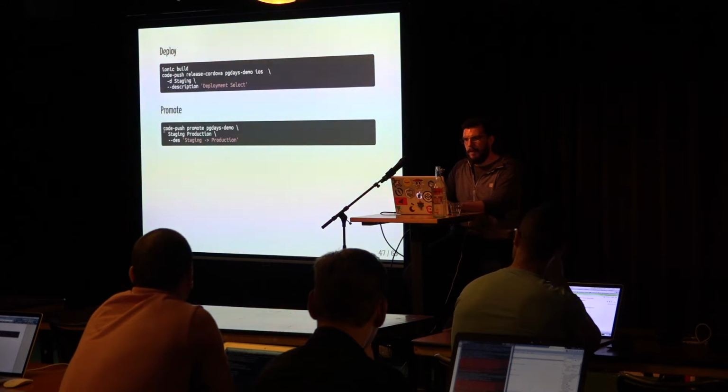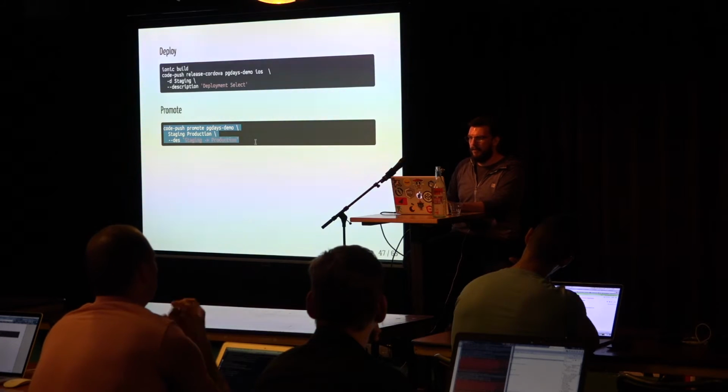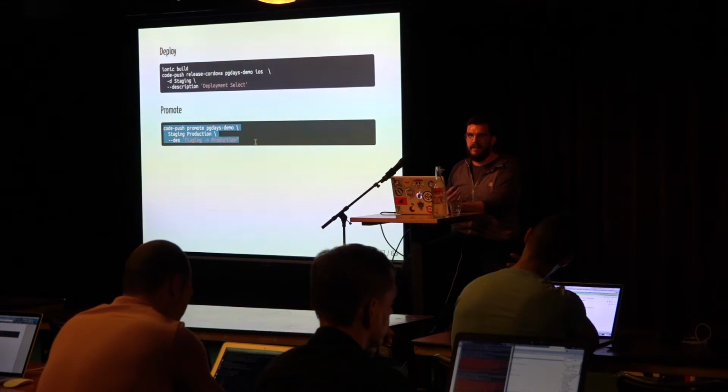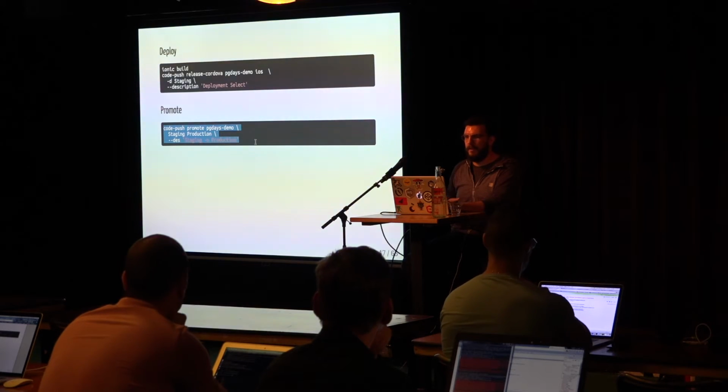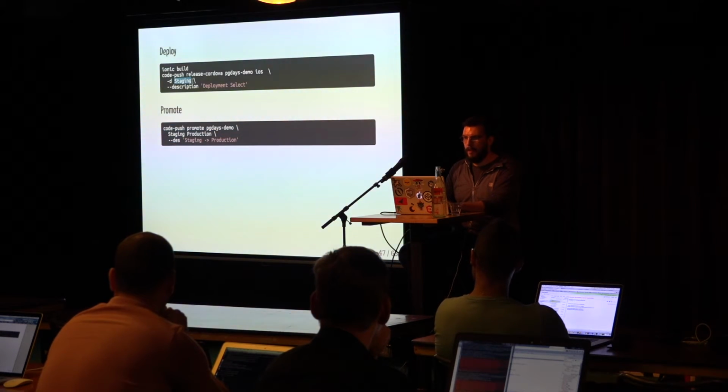And then to be able to push a change from one environment to another, CodePush provides the promote command, which takes the app name, the source, and then the destination. Technically, we could have done CodePush release and specified production here.